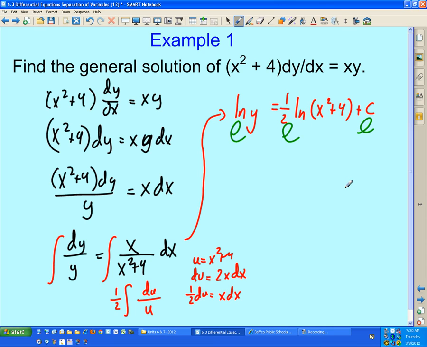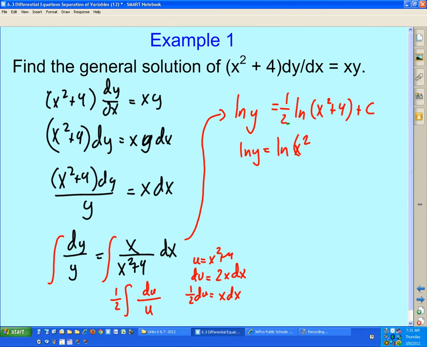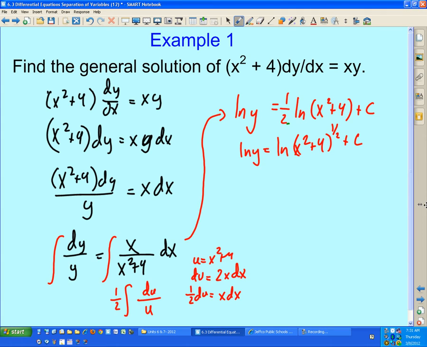Probably my best bet would have been to put this 1/2 as the power, so maybe before I do that step, it would have been better for me to write it like this: ln of y equals ln of (x squared plus 4) to the 1/2 plus c. Now I do base e to everything.